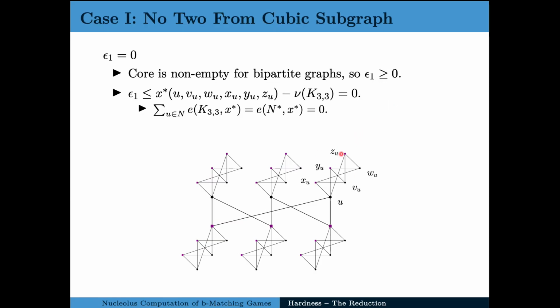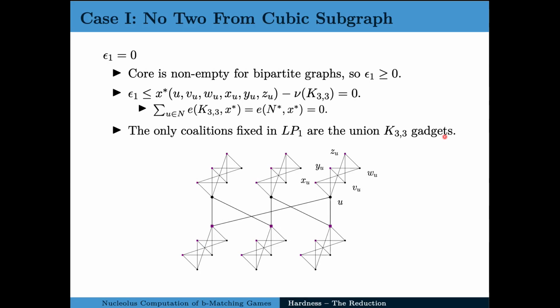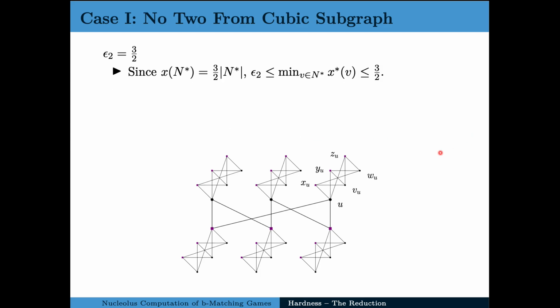Each of these K33 excesses is non-negative, and when we add them up, we get the excess of the grand coalition, which is 0. Therefore, each of these K33 excesses is 0 as well, and that shows that epsilon 1 is 0. We can in fact show that the only coalitions fixed in LP1 are the union of K33 gadgets.